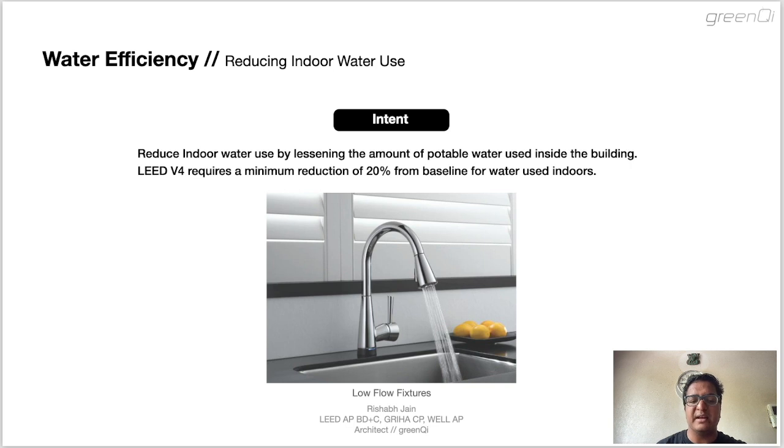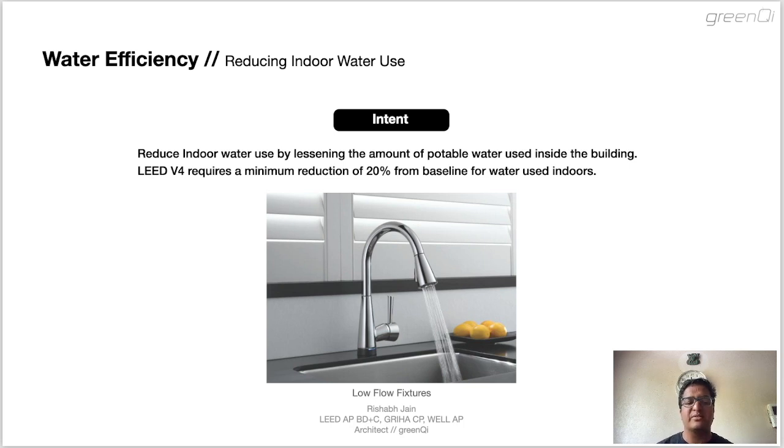The important thing here is that all LEED projects must demonstrate reduction of indoor water use by 20% from the baseline case. Otherwise, the project cannot get a LEED certification. Once again, the baseline case is basically how much water a typical building usually consumes, and the LEED building of very similar nature should consume 20% less water than the base case.